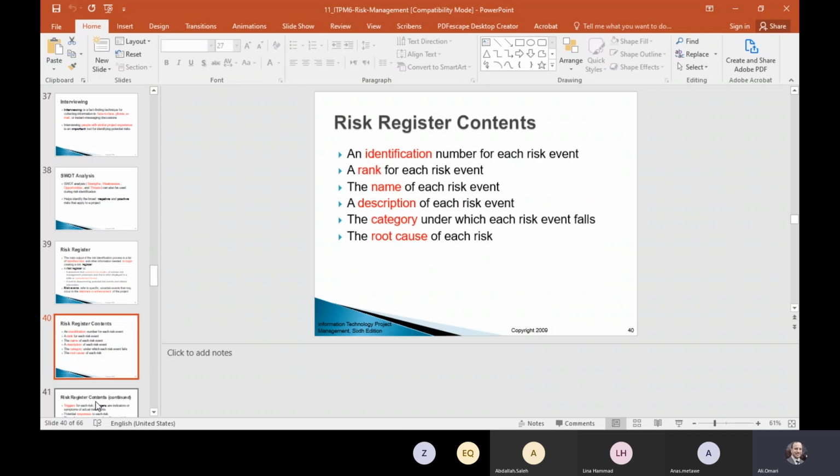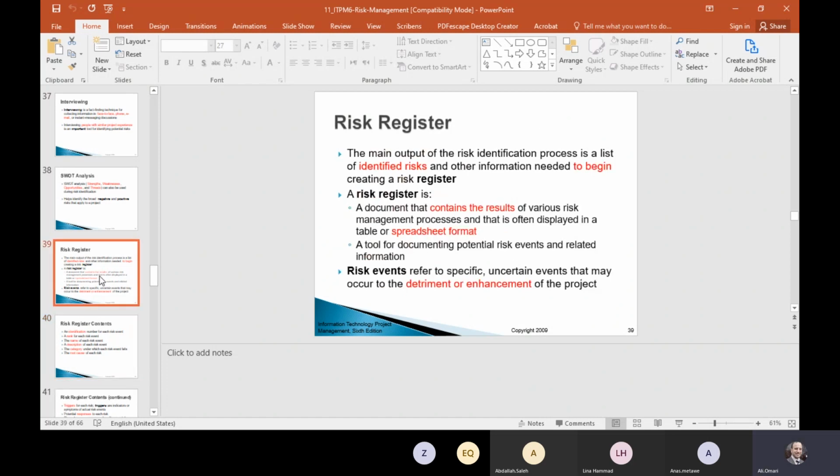What does a risk register specifically contain? It could be a spreadsheet format.